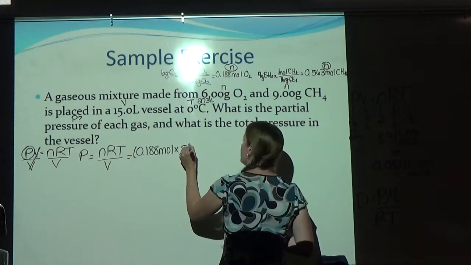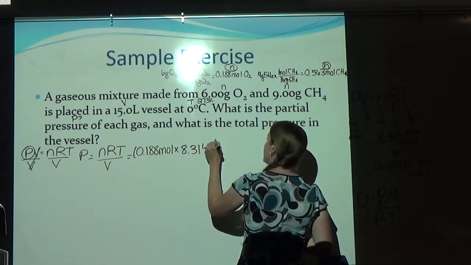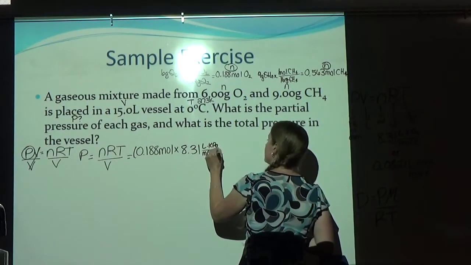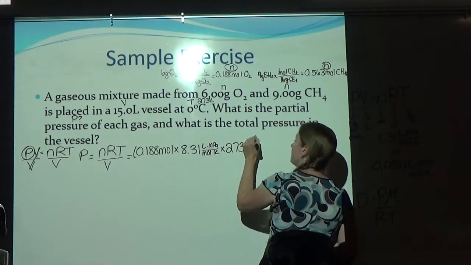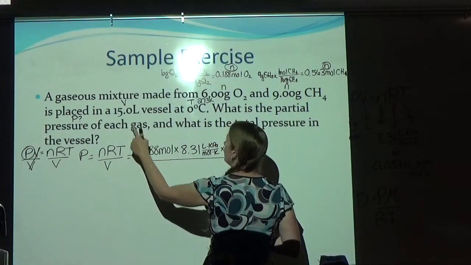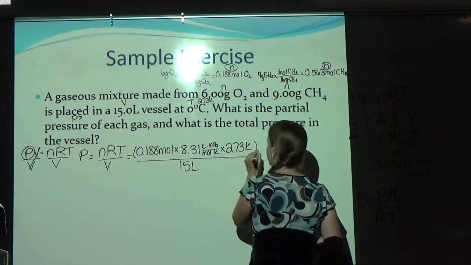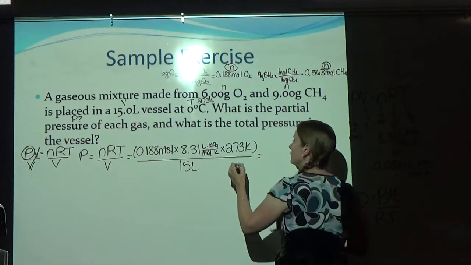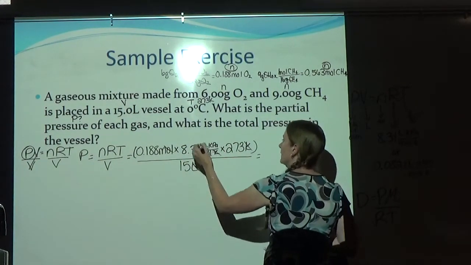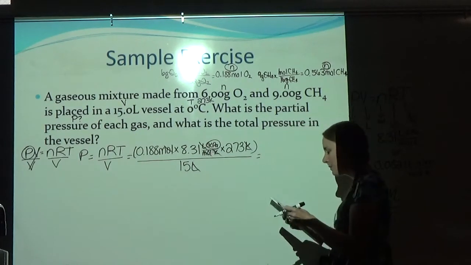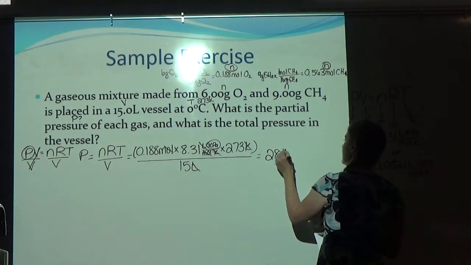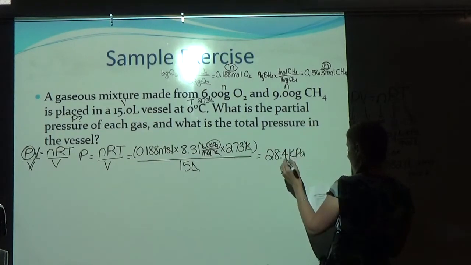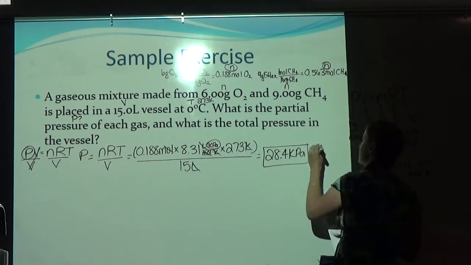I did 8.31 liters times kilopascals over moles times Kelvin, multiplied by my temperature of 273 Kelvin, and divided the whole thing by the volume of 15 liters. My moles cancel, my Kelvin cancels, my liters cancel, and I was left with kilopascals. So I ended up getting about 28.4 kilopascals, and this was for oxygen.